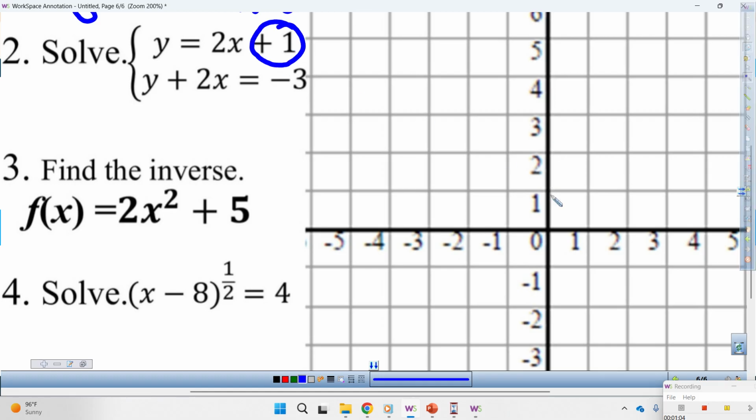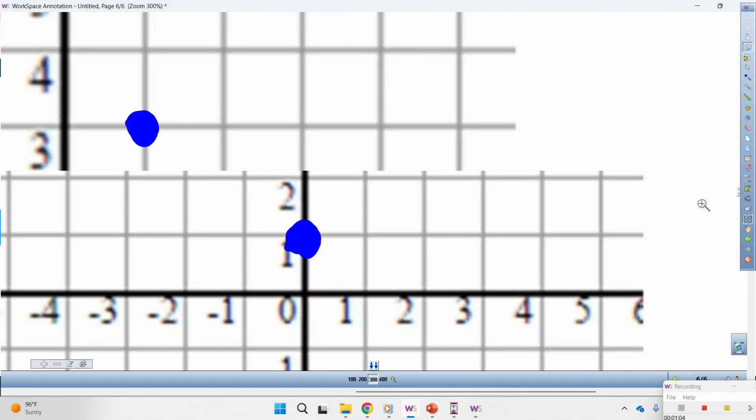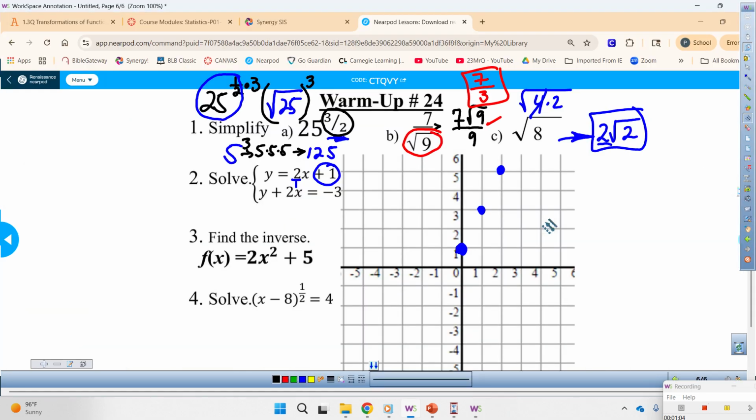Positive 1, and then up 2 and 1 to the right. So up 2, 1 to the right, up 2, 1 to the right. Let me zoom out. Something like that.